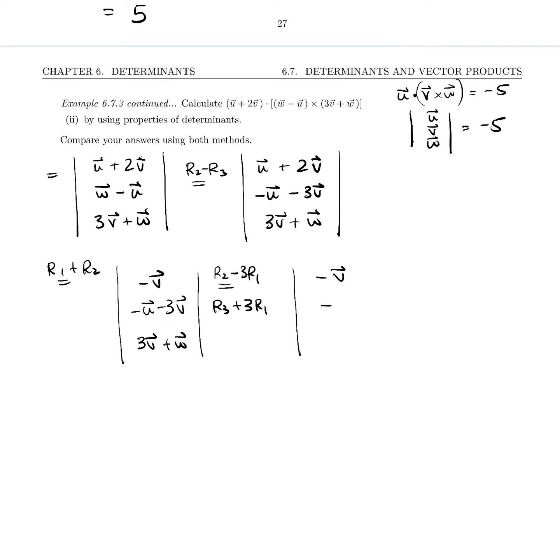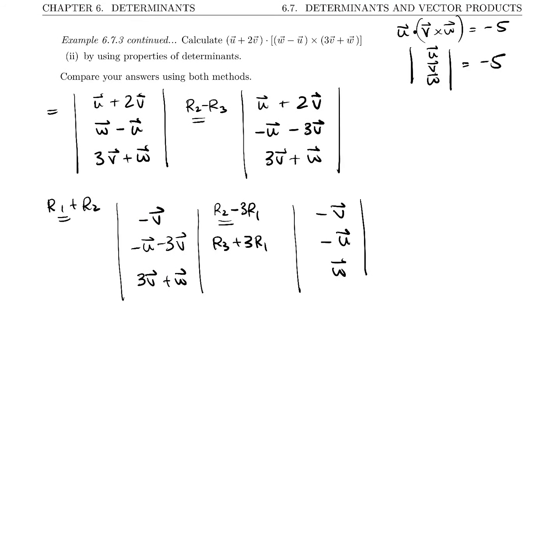I will be left with minus u, and then lastly 3v minus 3v, I'll be left with w. So we'll do each of these in a separate operation. We can do minus row 1, that'll bring out the minus sign. We'll get v, minus u, and w. Then we'll do minus row 2, that'll pull out another minus, so minus minus, we'll turn that into a plus.